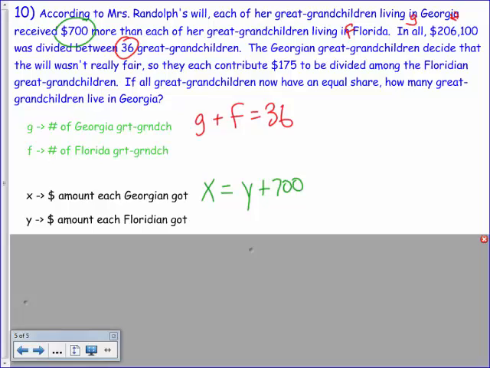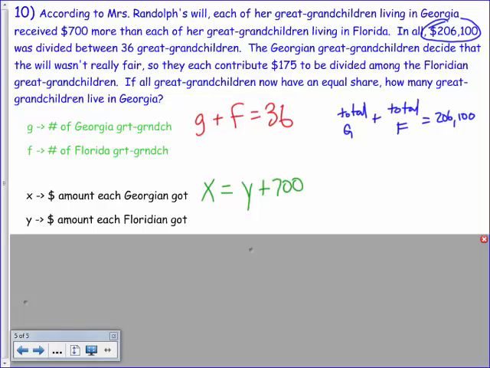And I could use those variables to write another equation. Just think about this. What else do we know about some totals of money? We know that she gave away $206,100. Okay? So basically it's saying the total of the Georgia plus the total amount of the Florida equals that $206,100.